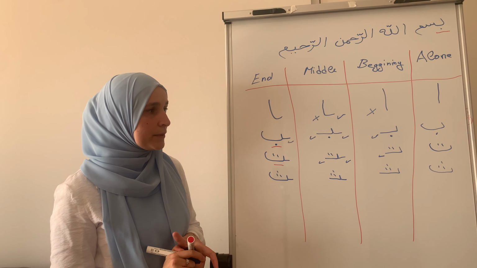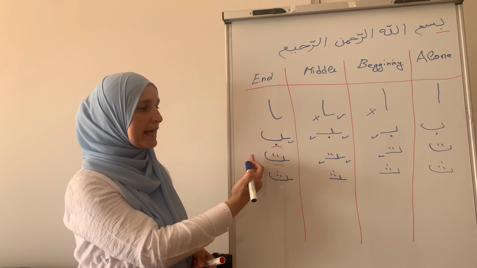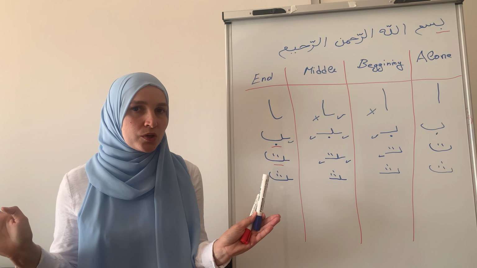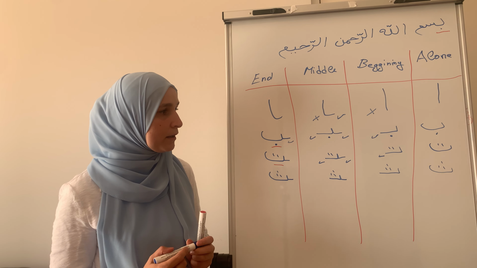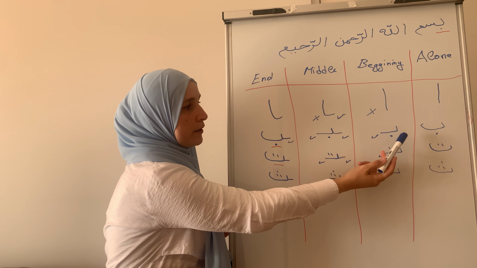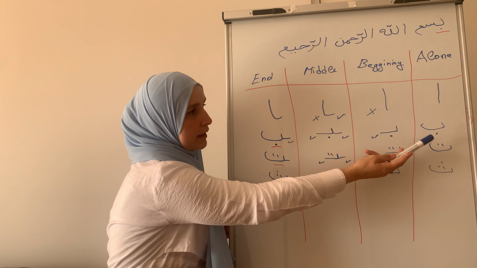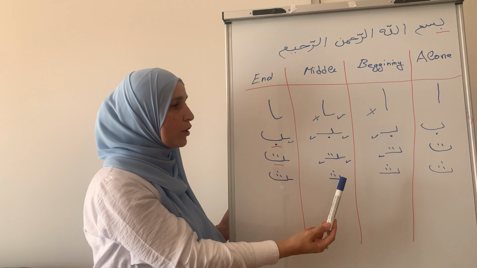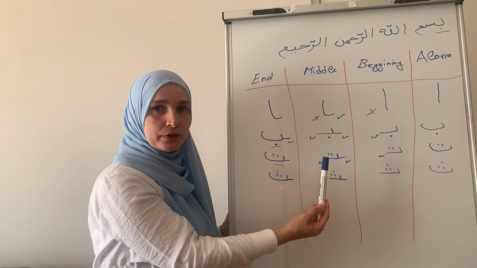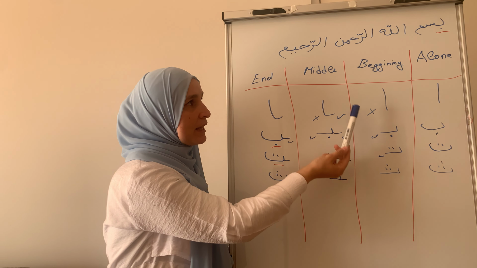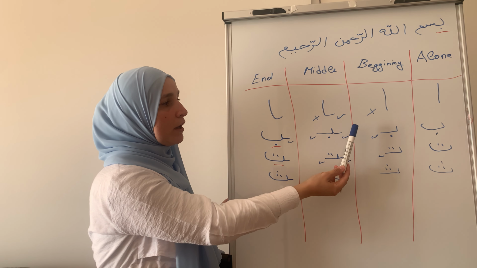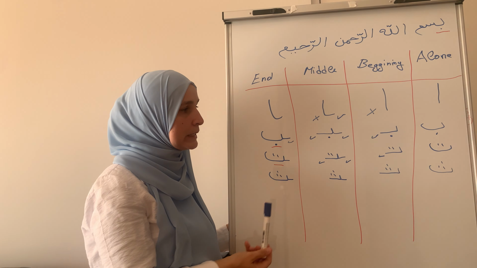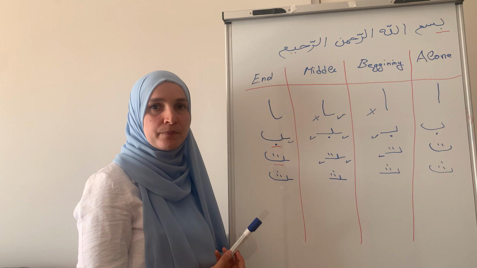These three letters, ba, ta, fa, are connected letters on two sides, which means if we see ba when it's alone and when we see ba at the beginning of a word, we see the differences between them, because ba at the beginning of a word allows itself to be connected with another letter, ta as well and fa as well.